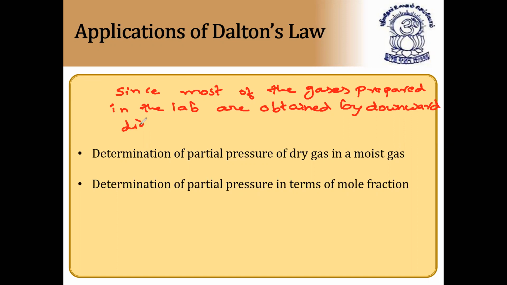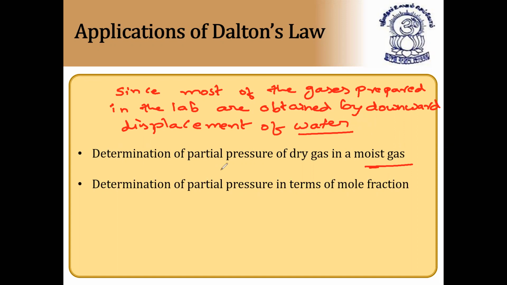Underline this statement, you have tried it in your classwork. Since most of the gases prepared in the lab are collected by downward displacement of water, they have moist gas, meaning water also exerts some pressure, so that is nothing but moisture.